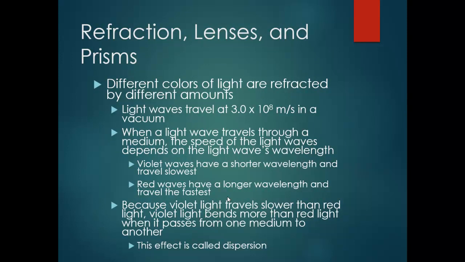Different colors of light are refracted by different amounts. Light waves travel at a speed of 3 times 10 to the power 8 meters per second in a vacuum.